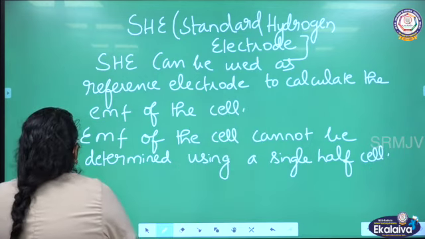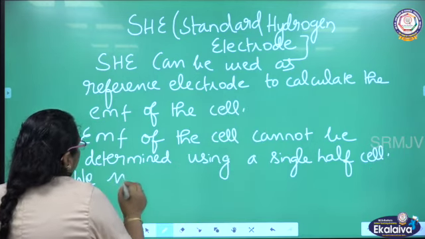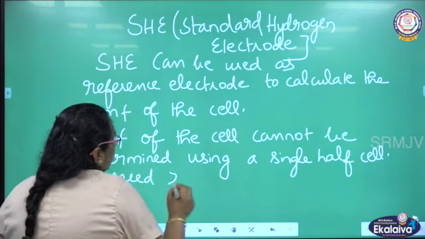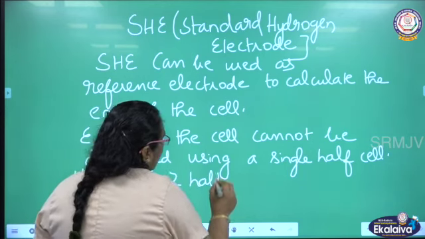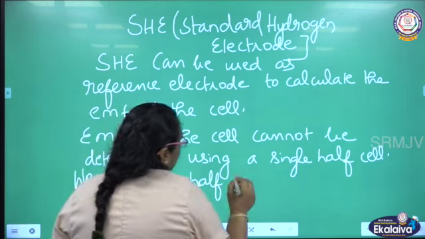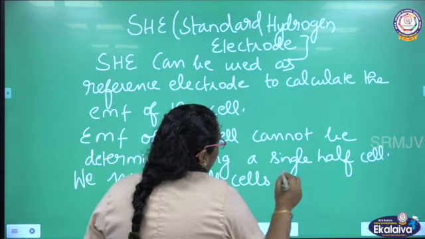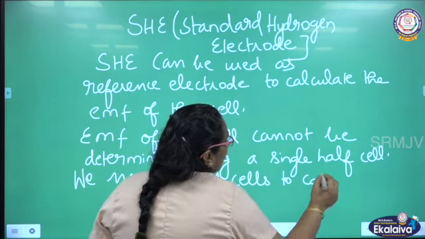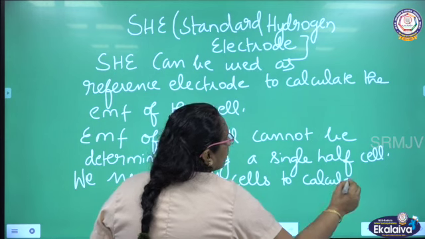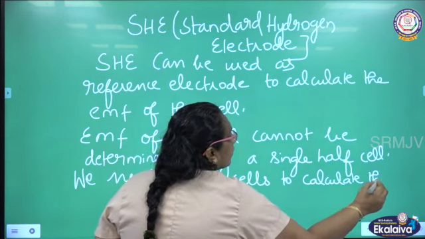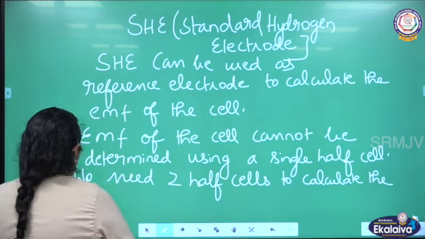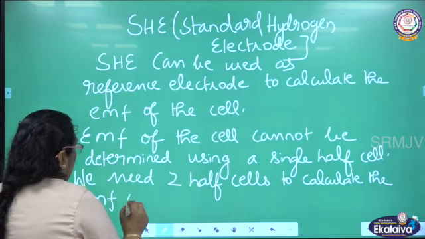We need two half cells to calculate the EMF of the cell.